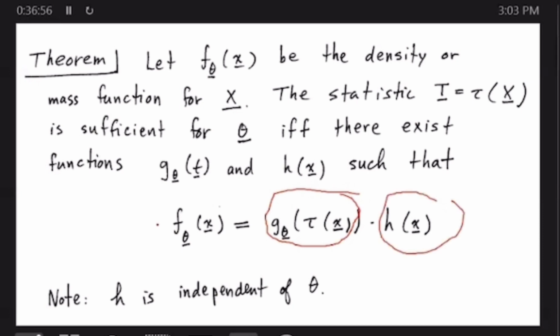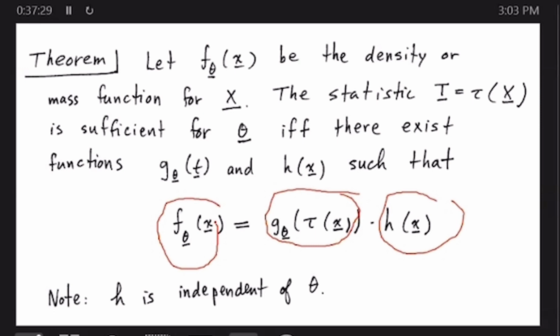If I can split or factorize a complicated likelihood function of a given probability distribution into two separate functions in such a way that one function has the parameter theta and the other does not, then we say that the statistic is sufficient.